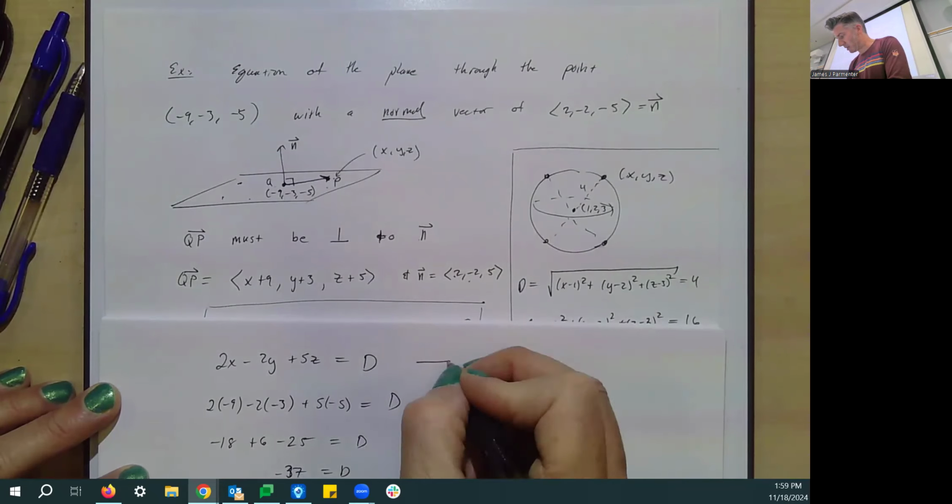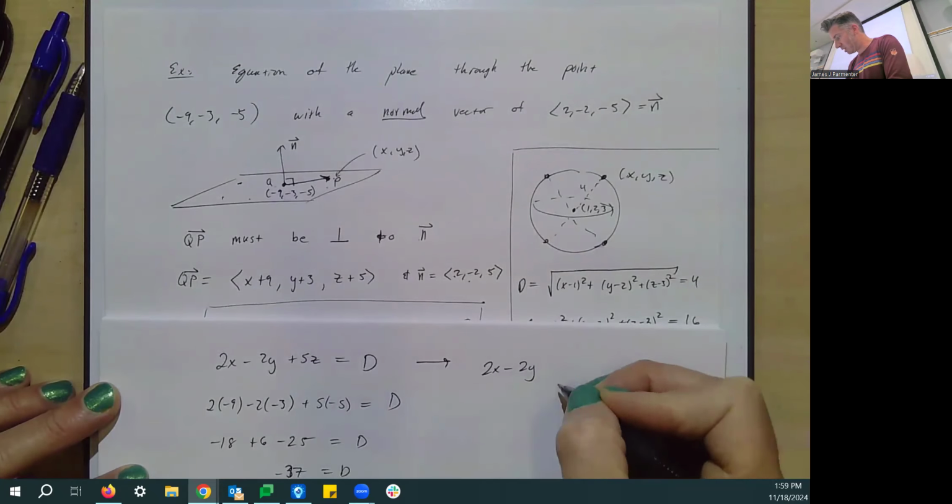So then we get the same resulting equation: 2x minus 2y plus 5z equals -37.